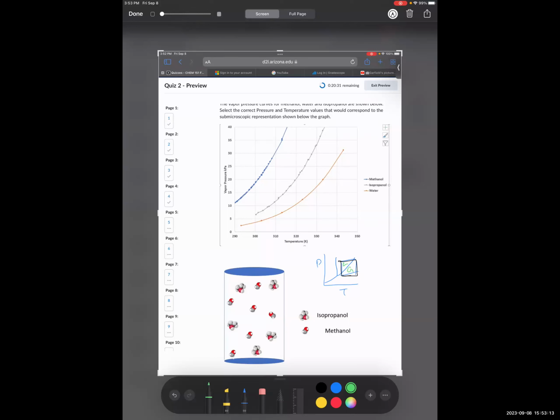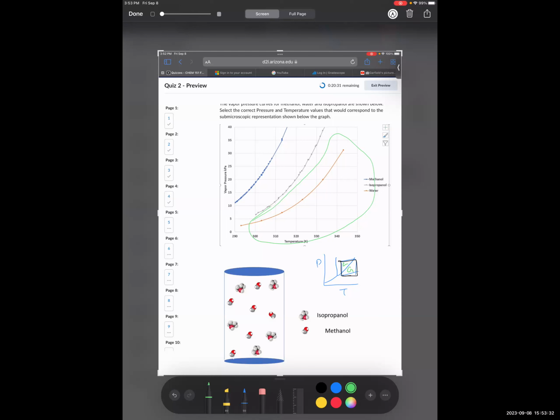We have methanol and isopropanol, and we forget about water now. Anywhere in this region, the conditions satisfy the submicroscopic representation.